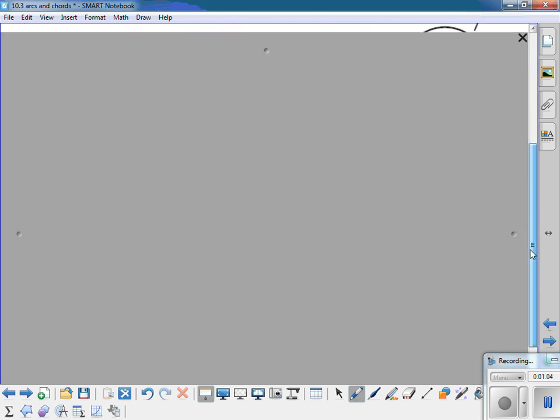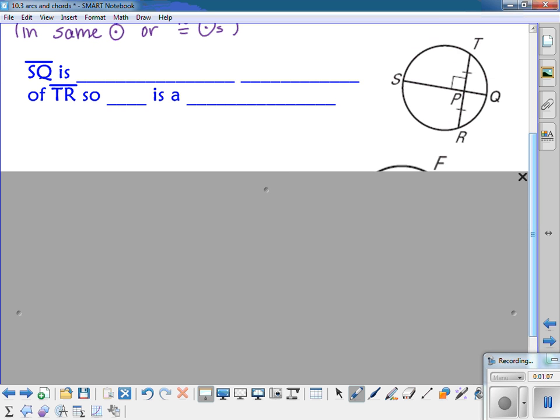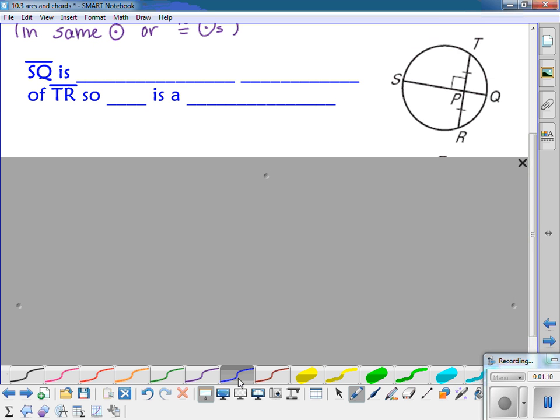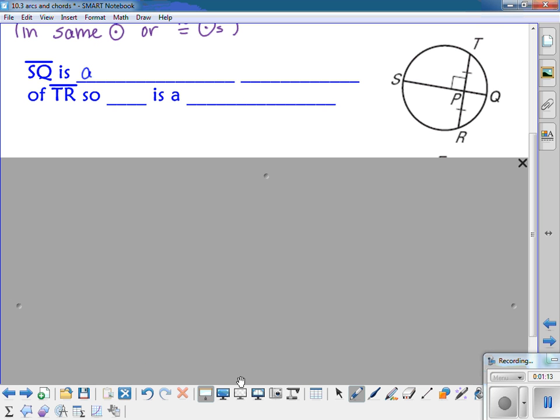Next property we'll look at. In this figure, SQ is a perpendicular bisector of segment TR. So that means that SQ is a diameter. And if SQ is a diameter, that means the center must lie on SQ.